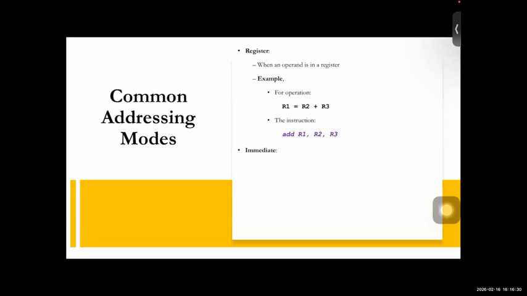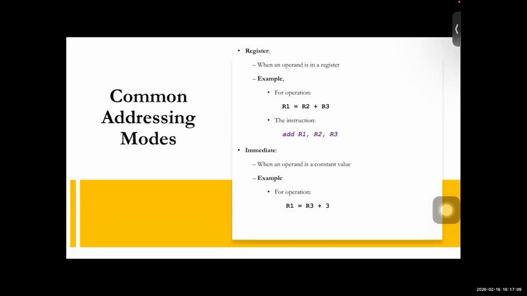The next one is immediate. In the immediate addressing mode, the value is available within the instruction only. So when an operand is a constant value within the operation, the addressing mode for accessing that operand we call immediate addressing mode. For example, if the operation is R1 equals R3 plus 3, this means the second operand is directly given within the operation.